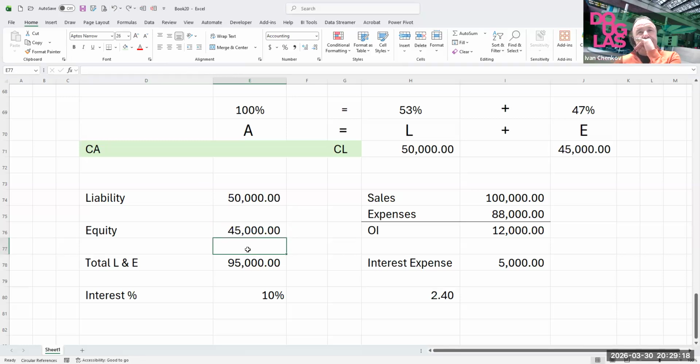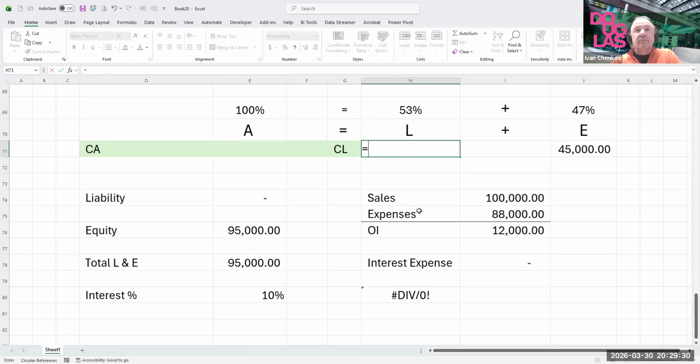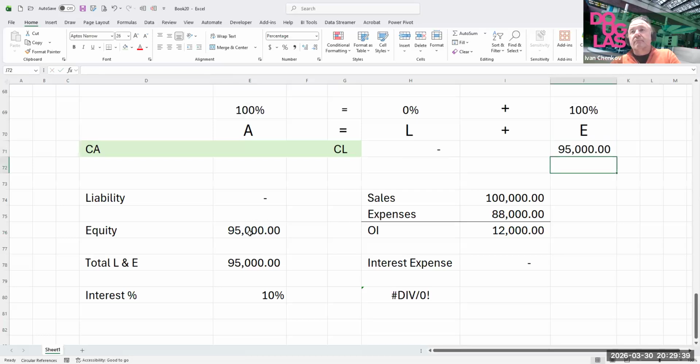So let's say my equity jumps to 95,000. What's happened with my liability? If I increase only the equity, what's happened with my liability?